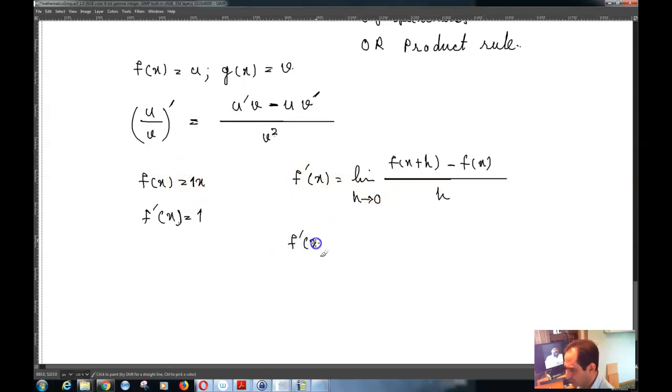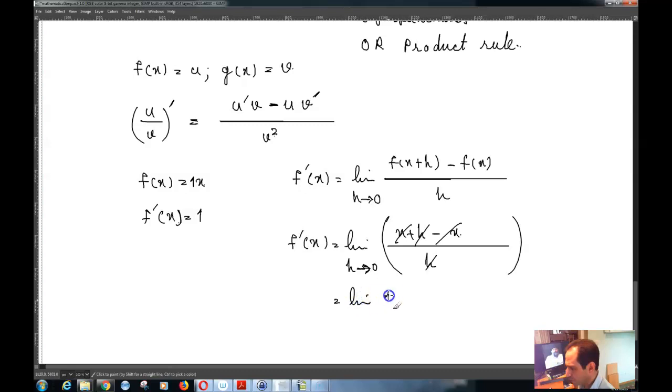So f prime of x is equal to the limit of x plus h minus f of x, which is basically just x, over h as h tends to 0, and that is equal to h over h, which is 1. So that's the limit of 1 as h tends to 0, and that is of course equal to 1. So f prime of x when f of x is equal to x is equal to 1.